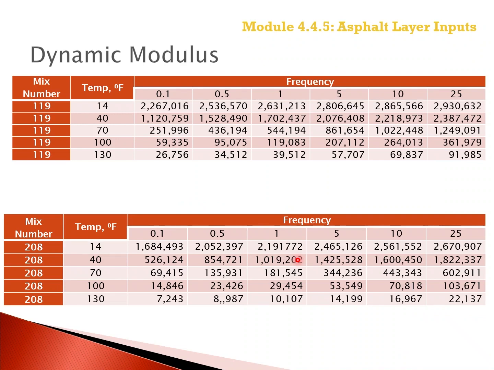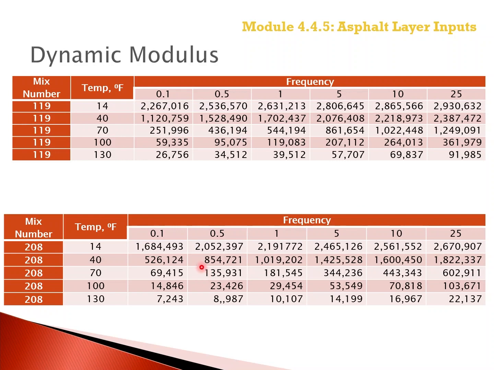This table shows two examples of dynamic modulus values measured at different test temperatures and loading frequencies defined in AASHTO T378. As displayed, the mixture simulated in the upper table is a stiffer mix compared to the second or lower table.